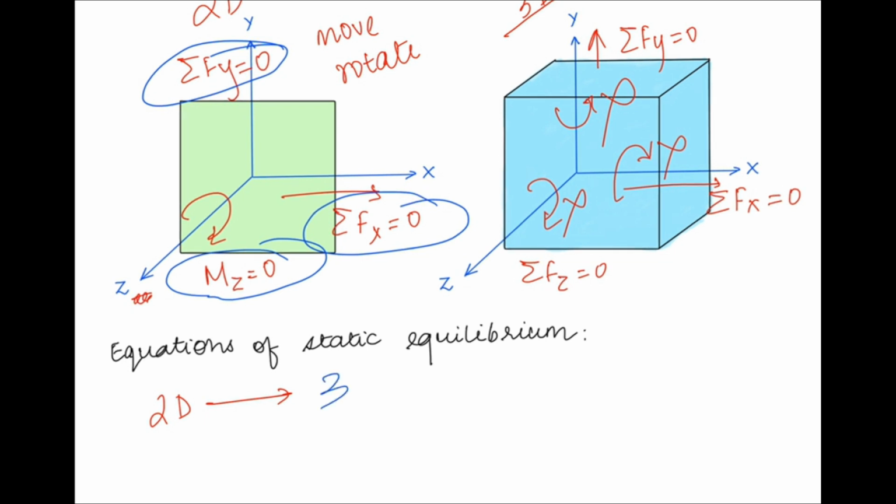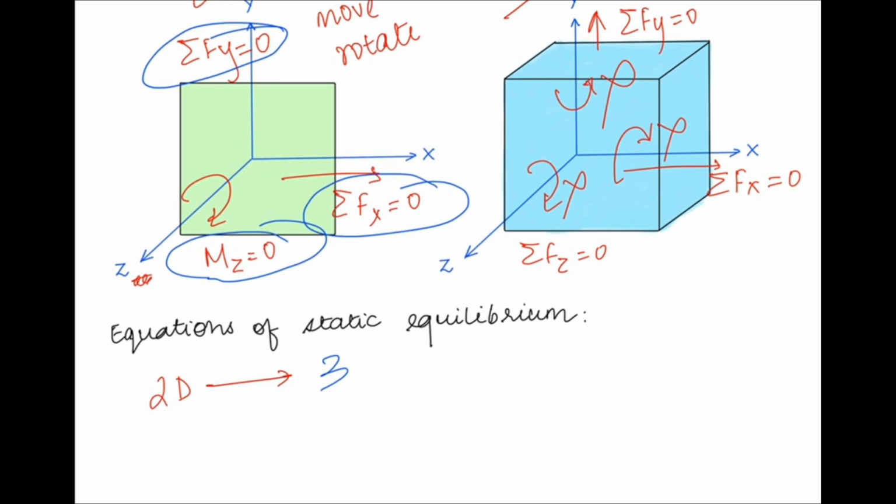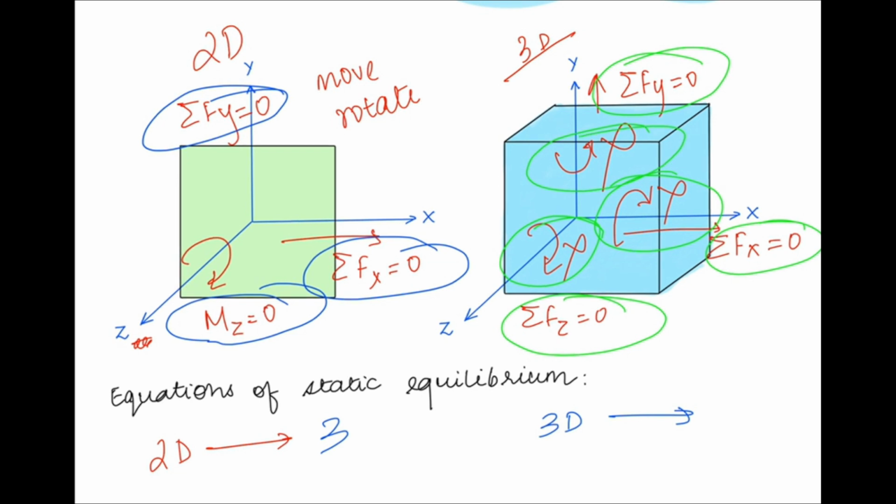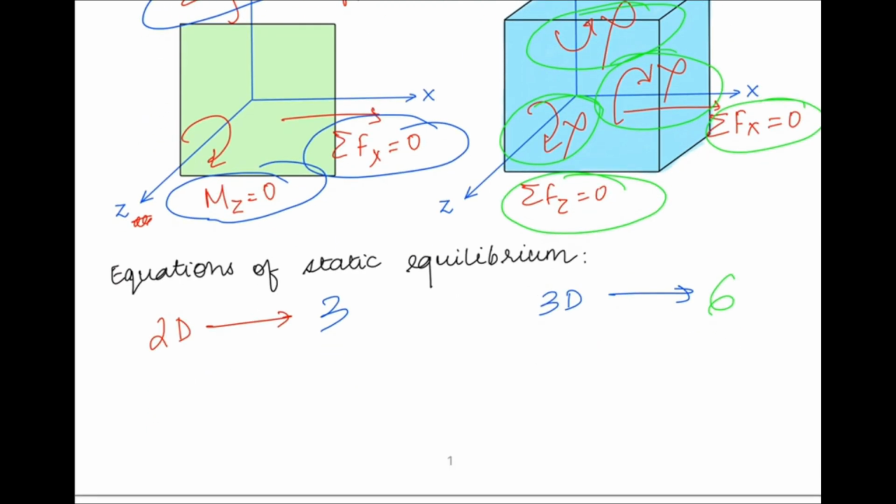So in 2D we have 3 equations of static equilibrium, and in case of 3D we have, with respect to displacement 1, 2, 3, and with respect to rotation 4, 5 and 6. So we have 6 static equilibrium equations in case of 3D structures.